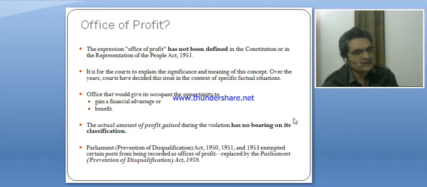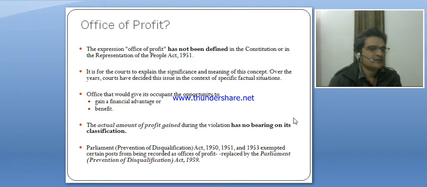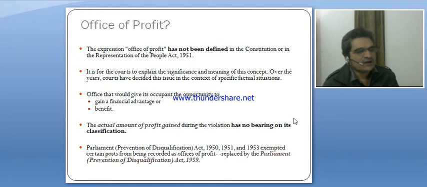He may not be getting or taking any advantage, but merely if he is capable of getting it, then it may invite the interpretation that the office occupied by him or her happens to be an office of profit. And about the amount of profit or remuneration, you may say that this office gave a very little amount, but that hardly makes any difference.